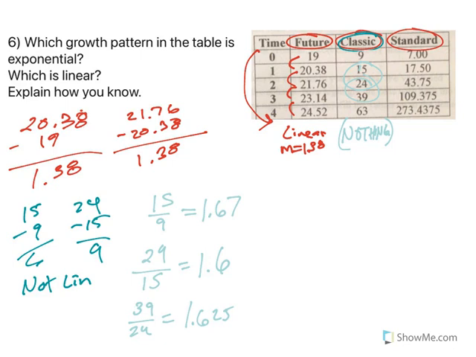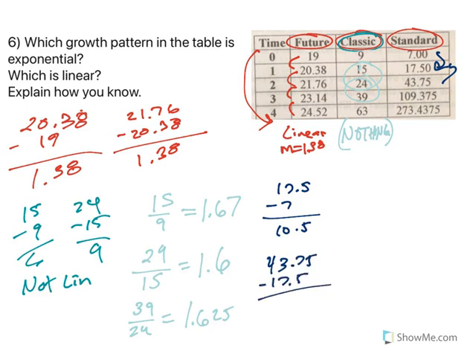All right, let's do the last one here. So I check 17.5 minus 7 is 10.5. We're checking for linear. 43.75 minus 17.5. Whoa. No way. That's not even close to being linear. So it's not linear. Let's check exponential.